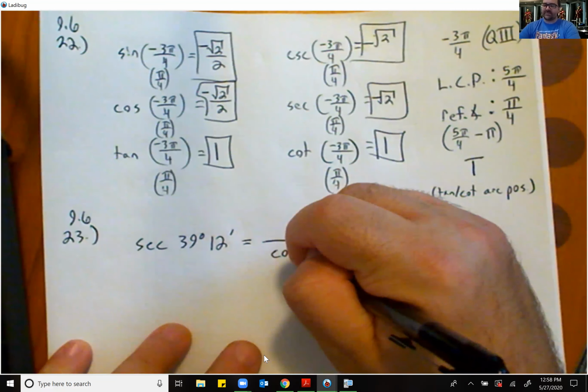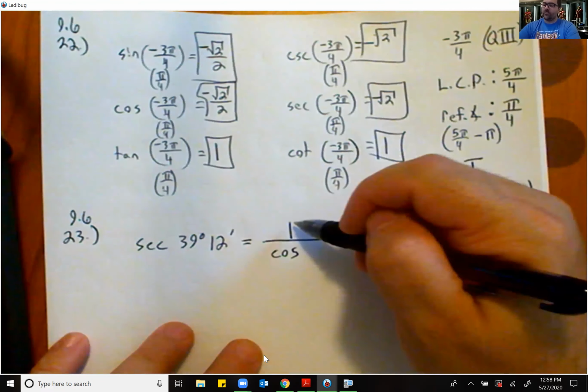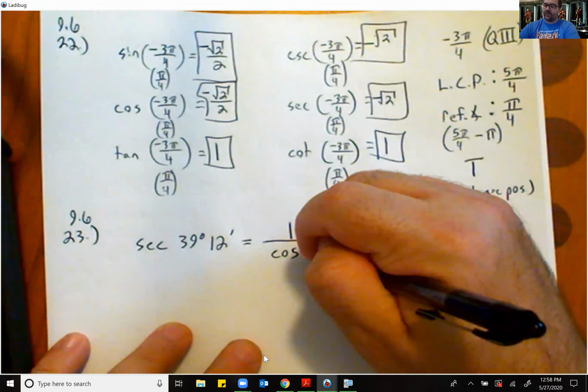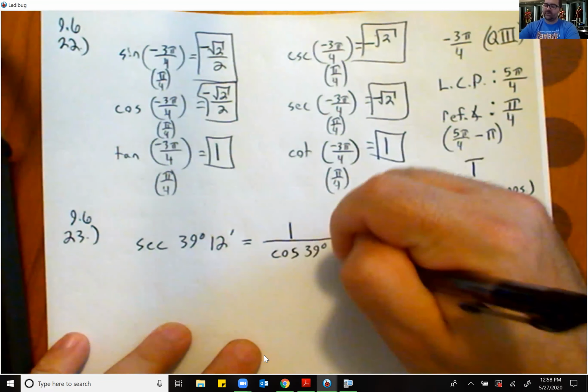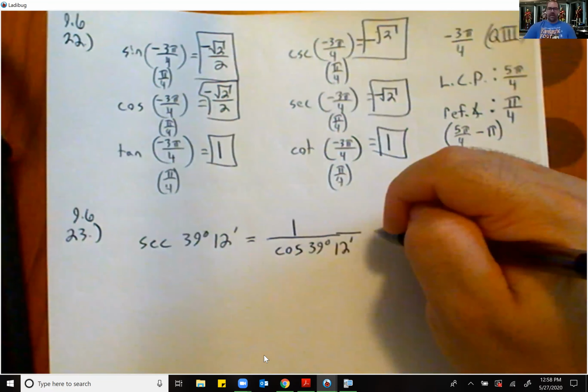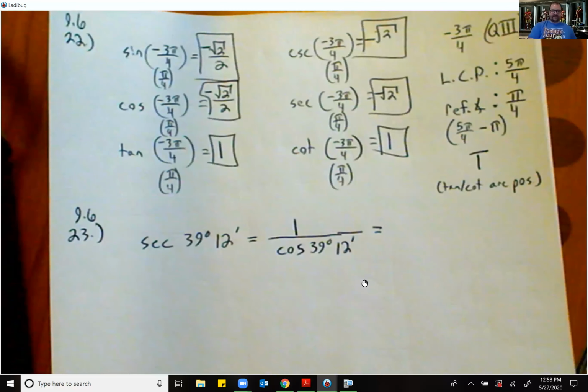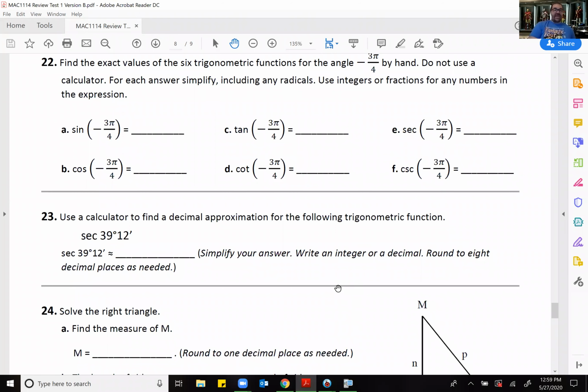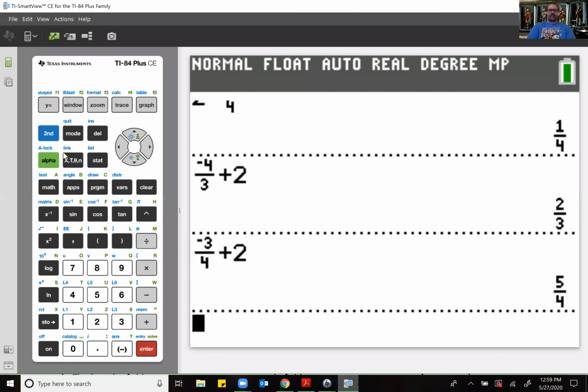So we can take 1 over cosine 39 degrees, 12 minutes. Now that we can put it into our calculator, and if we go back, we got to make sure that we look at this. It says round to 8 decimal places. So we need 8 decimal places. So we're going to go to our calculator.